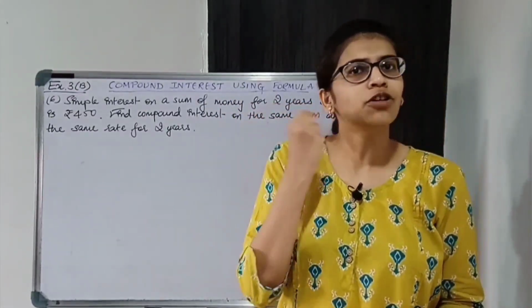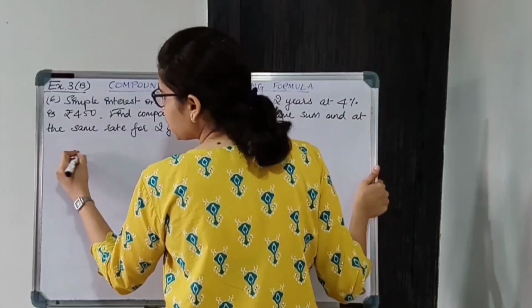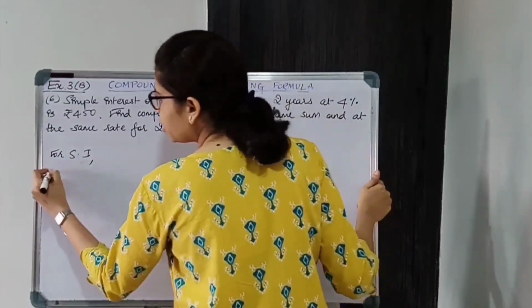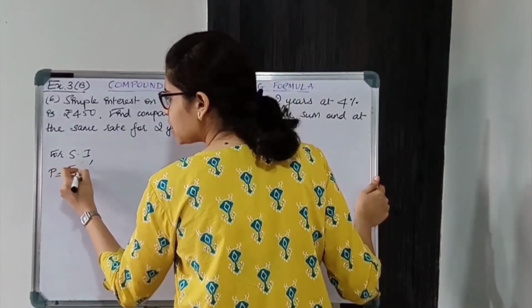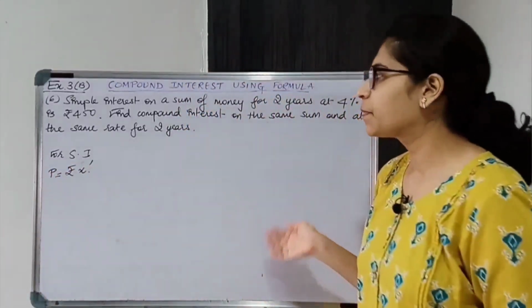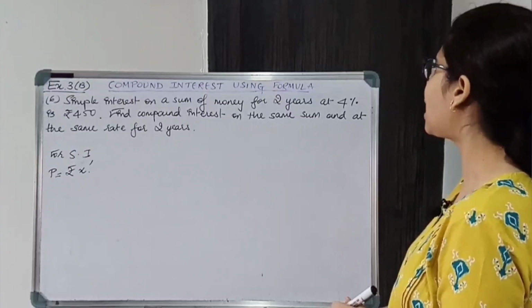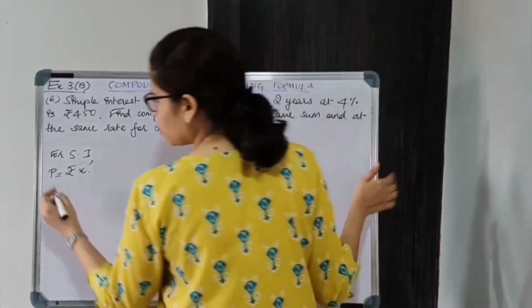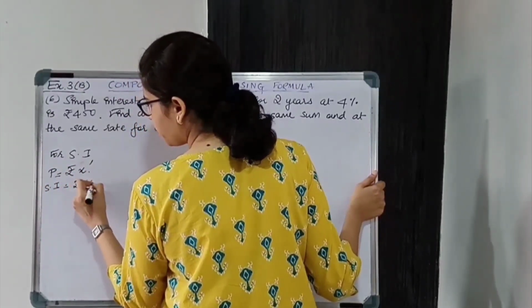That is principal, we are not told. So it is simple interest, and for simple interest we are not given the principal. So when we are not given the principal, we assume it to be x rupees. Okay, now simple interest on a sum of money for 2 years at 4% is rupees 450. So you are given simple interest, it is 450 rupees.